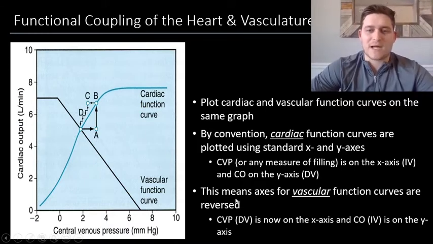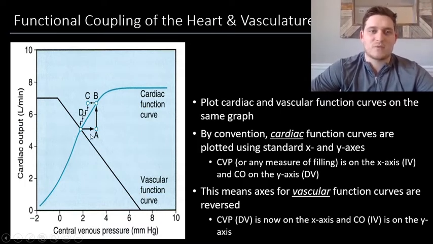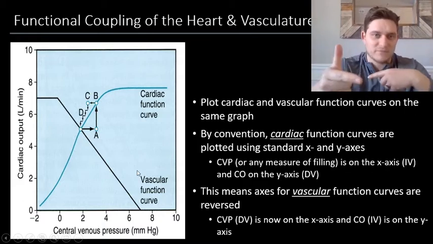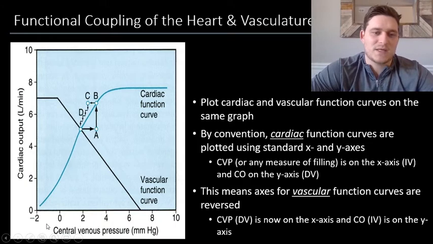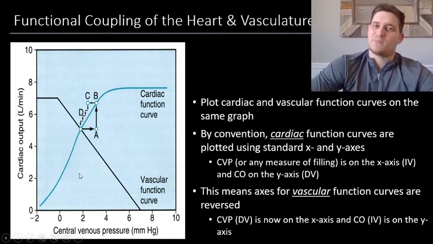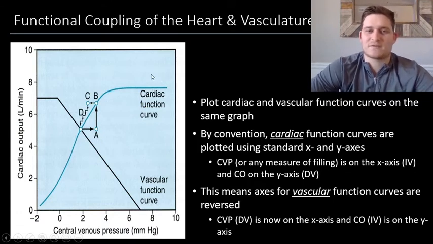However, if you wanted to plot the vascular function curve along with the cardiac function curve, we're going to need to violate how we normally plot things on a graph, because the vascular function curve is the inverse relationship, meaning that the central venous pressure is the dependent variable, which would normally go on the y-axis, and cardiac output would be the independent variable. So we're violating how we would normally plot the vascular function curve, if we wanted to plot it alongside the cardiac function curve.